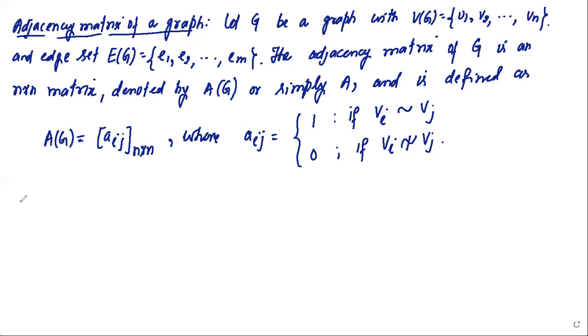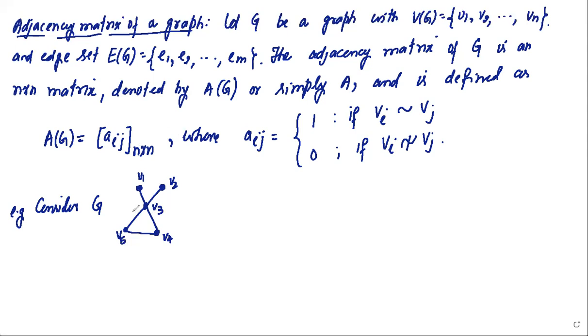So let's take an example. Let's consider a graph G that has this kind of a structure. Suppose this is our graph. Let's call the vertices V1, V2, V3, V4, and V5.